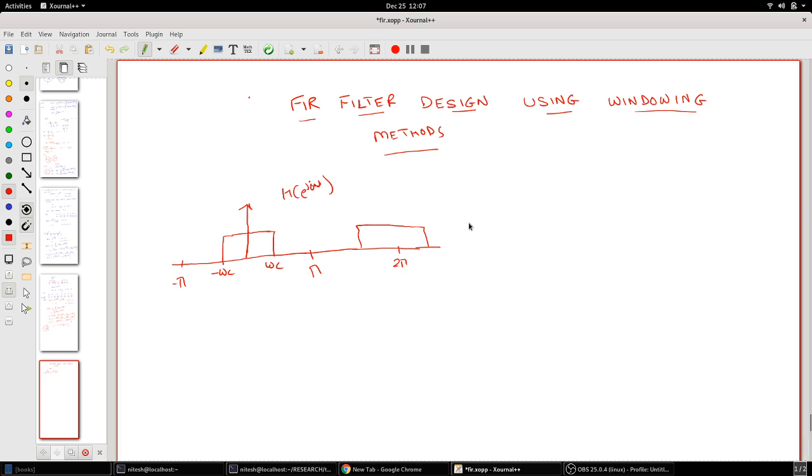Now if I take the IDTFT, the inverse discrete time Fourier transform, of this, it's going to give me a sinc function, right? It's going to be centered around zero.